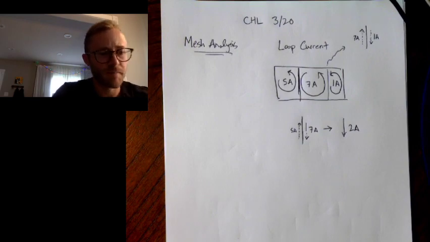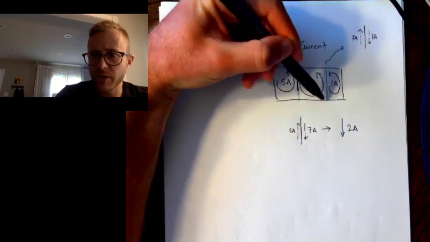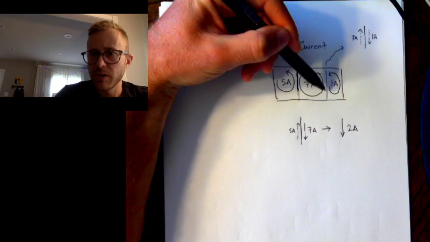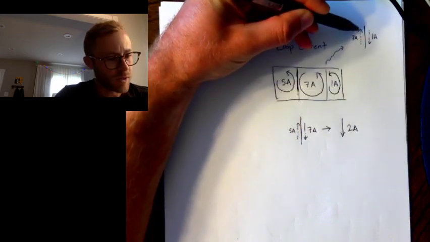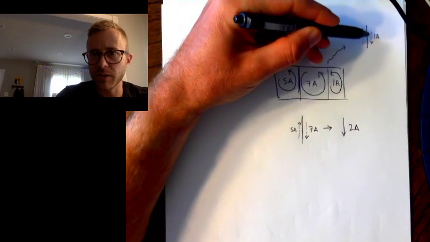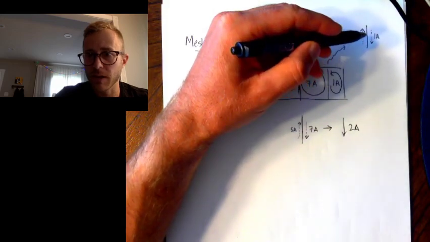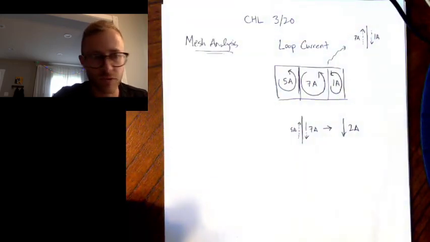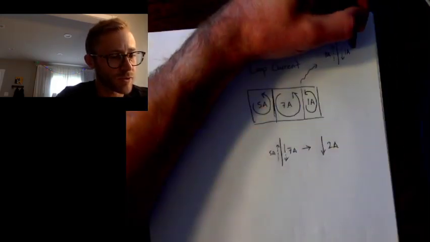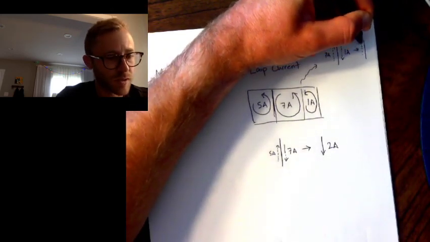You've got 7 amps going up on the left-hand side, and 1 amp going down on the right-hand side. So that's a total current of 6 amps going upward. This is equivalent to just a wire with 6 amps going up.